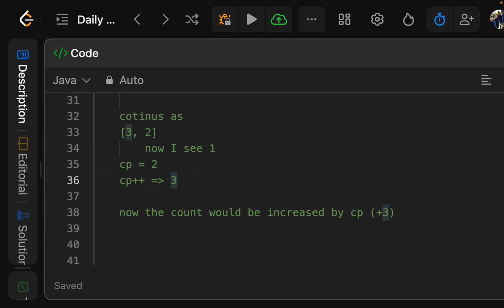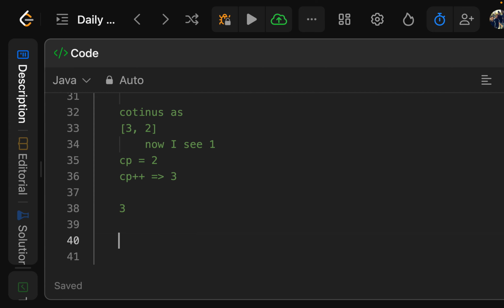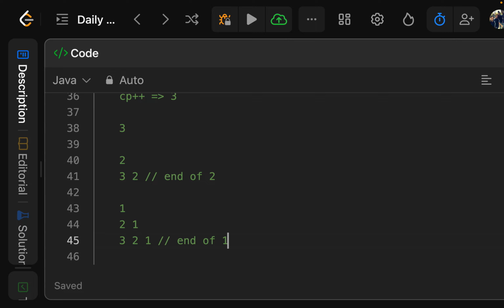So if you can visualize this very well, then I have only 3, then comes 2, then it'll become 3, 2, and 3, 2. Okay, so this is end of 2. I've considered 2. Now if I'm taking 1, I'm taking 1, 2, 1, 3, 2, 1, end of 1.